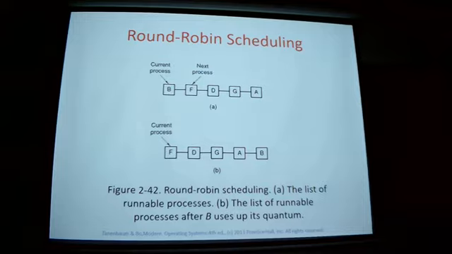For example, if there are 15 processes and the quantum is 100 milliseconds, the first process requires 100 milliseconds.